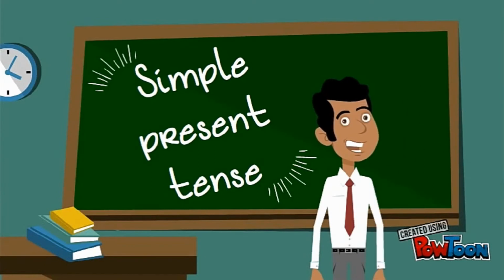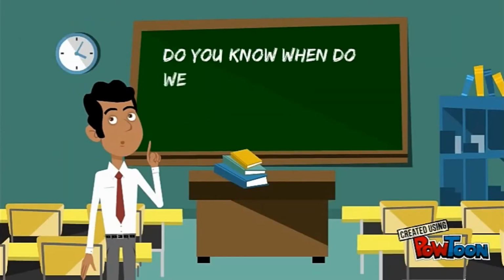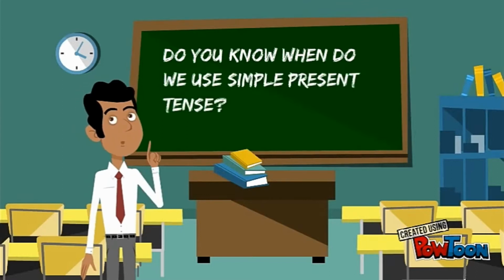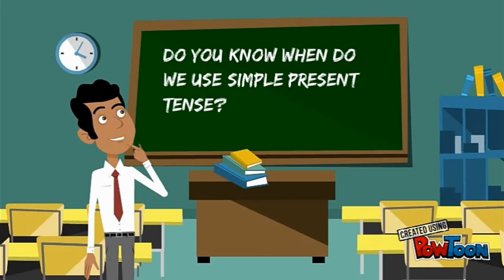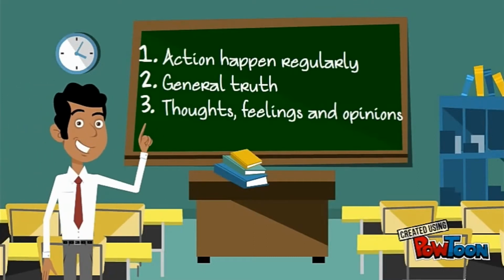What is a simple present tense, or do you know when do we use simple present tense? Any guesses? Yes, we use them with the action happen regularly, any general truth, thoughts, feeling and opinions. For example, I go to gym every day.